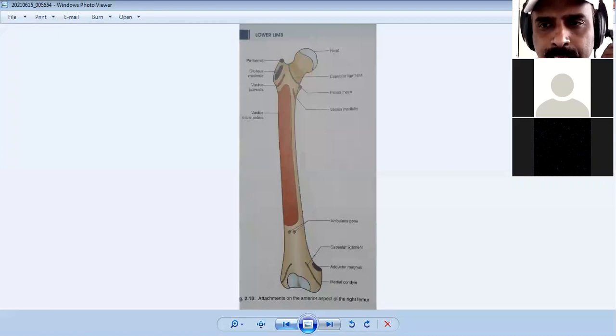This is my today's lecture on the femur, and here we are completing the femur from its introduction to the muscle attachments. So these diagrams you have to practice and remember. So herewith I conclude my topic of the femur.